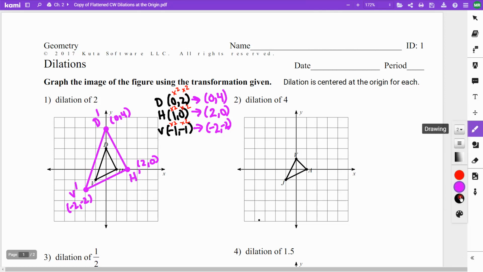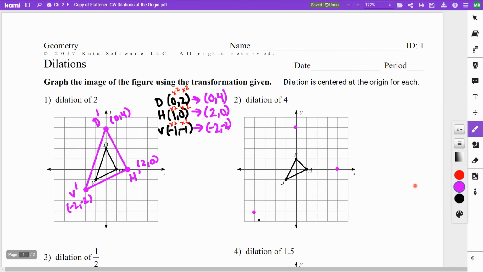So when I'm looking at this next one, I want a dilation of 4. This is 1 above, so now it's going to be 2, 3, 4 above. This is going to be 1 to the right, so now it's going to be 2, 3, 4 to the right. This is down 1, left 1, so I'm going to do that 4 times: down 1, left 1, down 1, left 1, down 1, left 1.